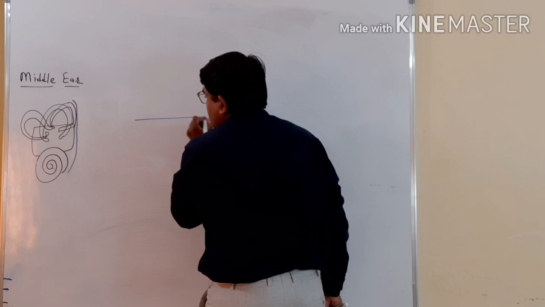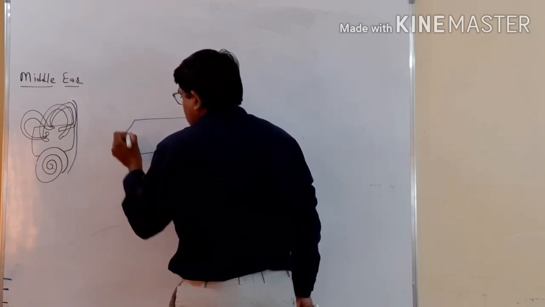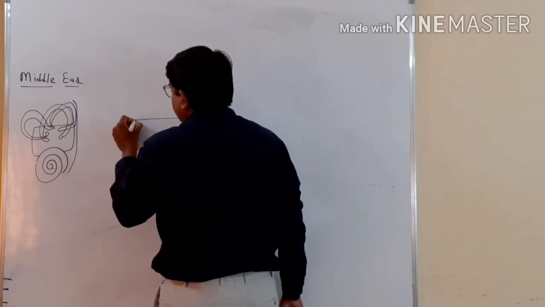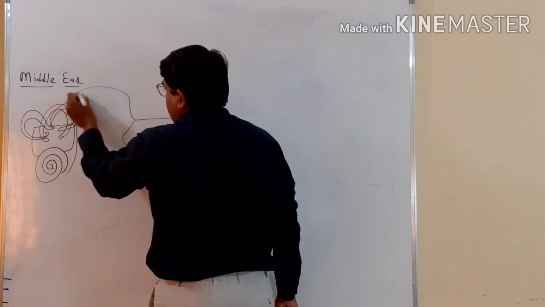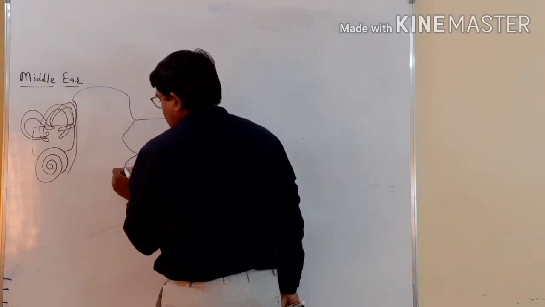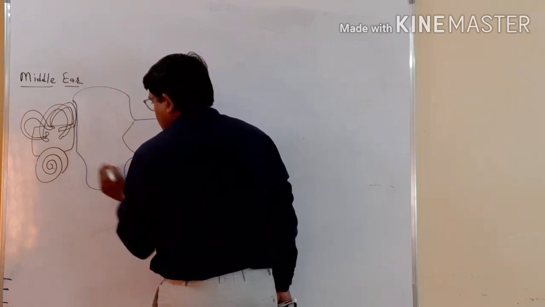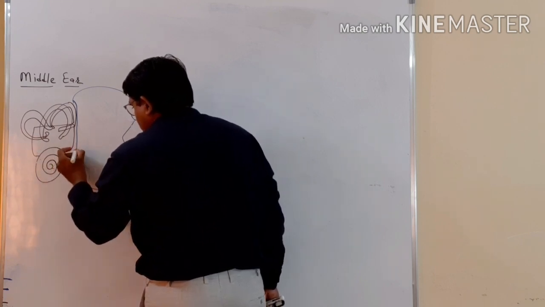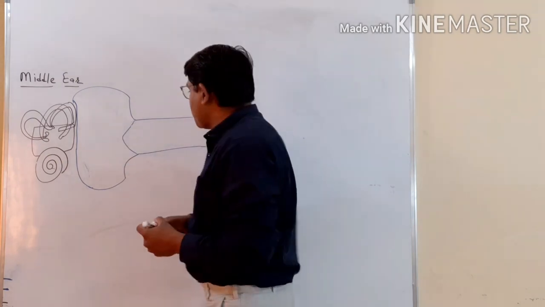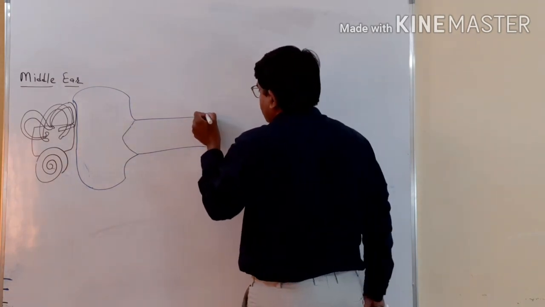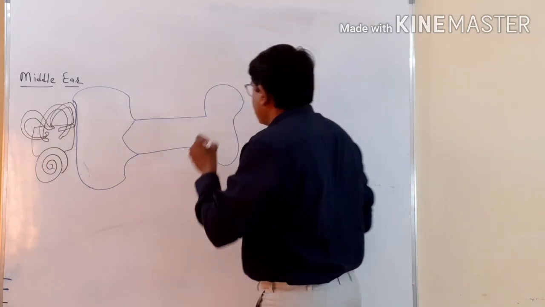You can see here the external auditory meatus, and here is the tympanic membrane. This cavity is the middle ear cavity. This is the external ear.